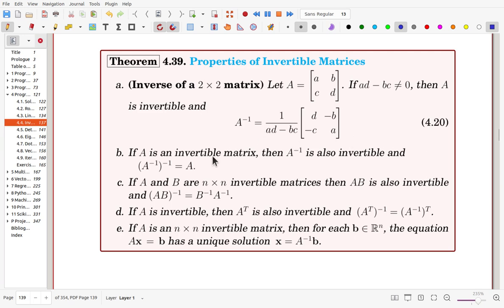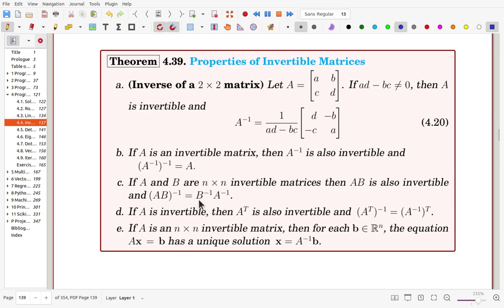If A is an invertible matrix in general dimension, then A inverse is also invertible, and its inverse will be the original one. It's reasonable, right? If A and B are n by n invertible matrices, then their product is also invertible, and the inverse of AB is the same as B inverse, A inverse.